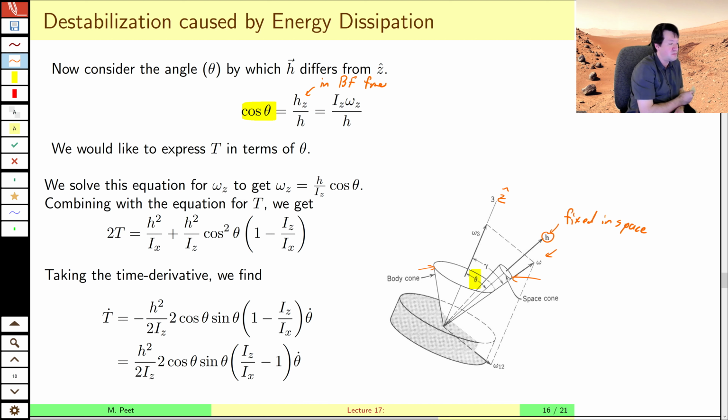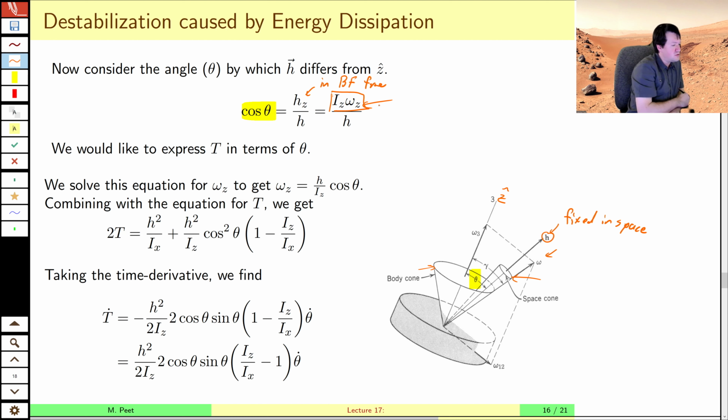So we define it in the body-fixed frame. So it's that z component in the body-fixed frame divided by the total magnitude. Well, the z component we have an expression for. It's I_z, the principal moment of inertia in the body frame, times the angular velocity component z, which we also have in the body-fixed frame.